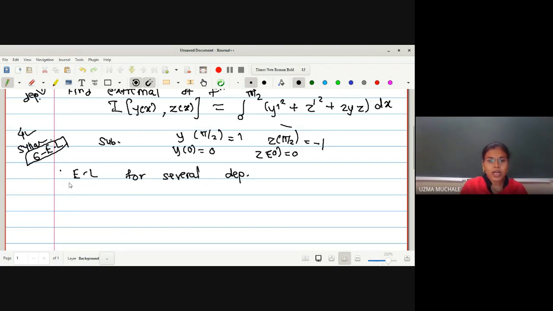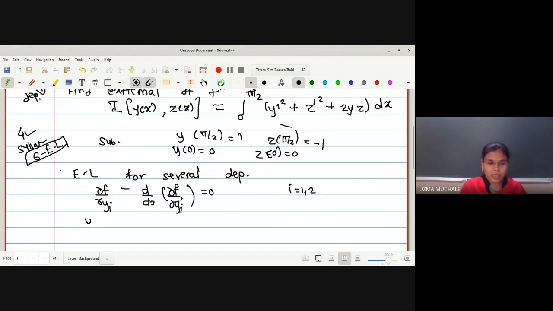Euler-Lagrange's equation for several dependent variables is what we will apply for this one, right? So what will be the equation for that? We have the equation: dou f by dou yi minus d by dx of dou f by dou yi dash is equal to 0 for i equal to 1 and 2 only, because the dependent variables are 2 in number.